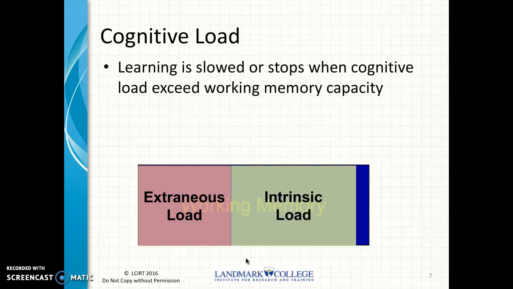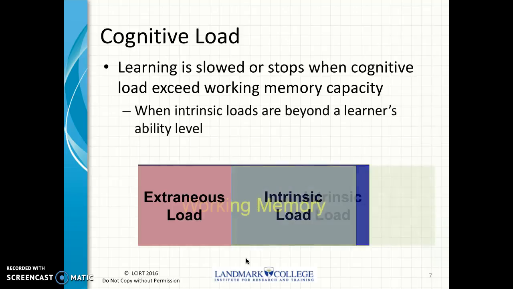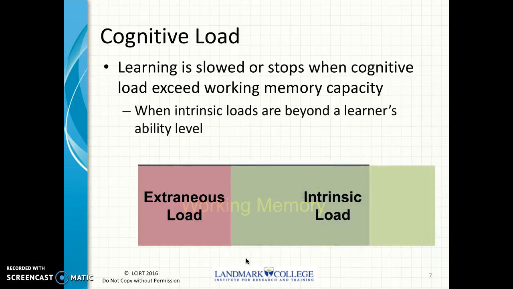However, learning can be slowed or may not happen at all if the cognitive loads are too high for students to manage. And there's two ways that could happen. It could be that the intrinsic load is beyond a student's ability. So we've set a goal for them that's not appropriate for that learner. It may be too ambitious.